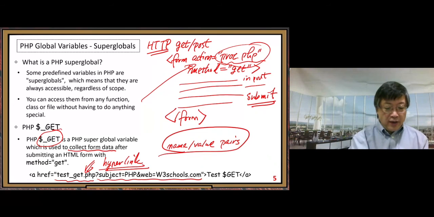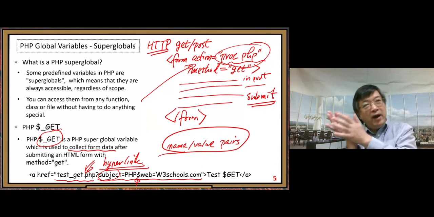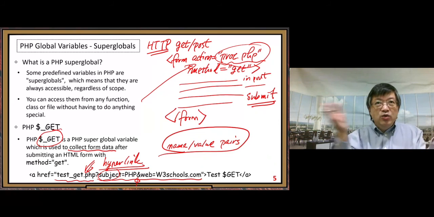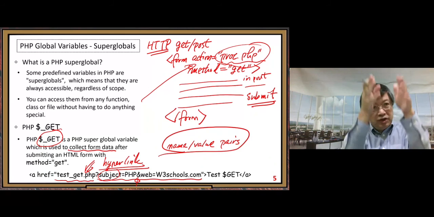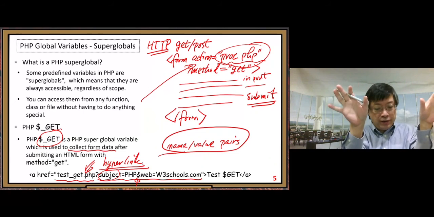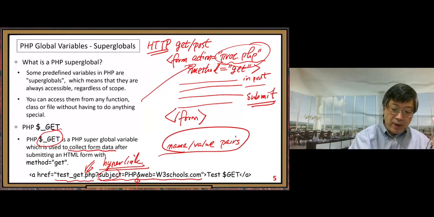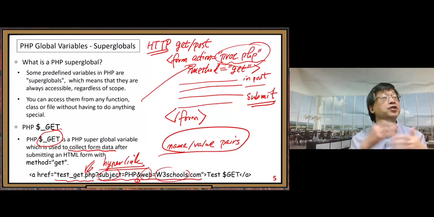The format is name subject equals parameter value PHP, then an ampersand to separate another pair. Different pairs we need to separate, so we use the ampersand symbol to separate different parameter pairs. The second pair, name web, value w3schools.com, and so on.